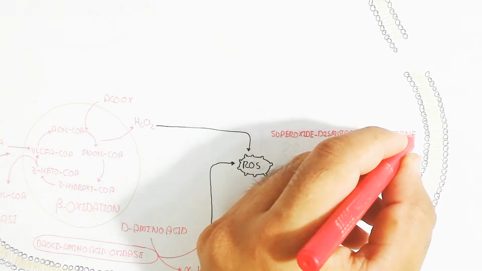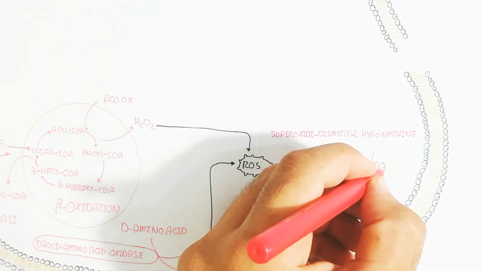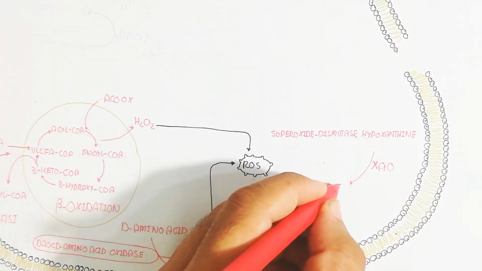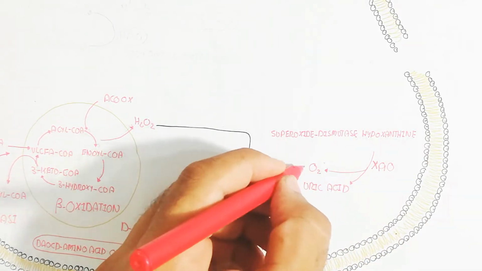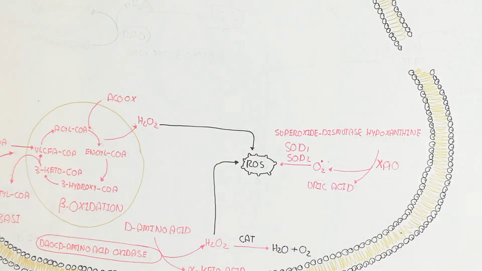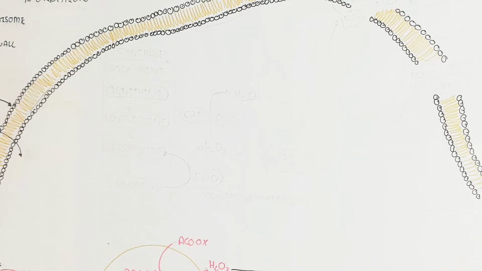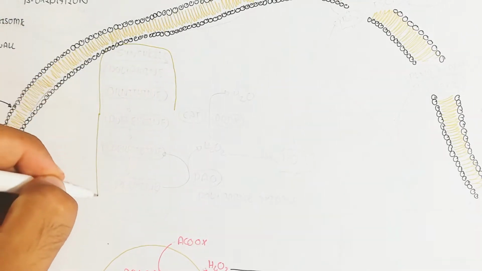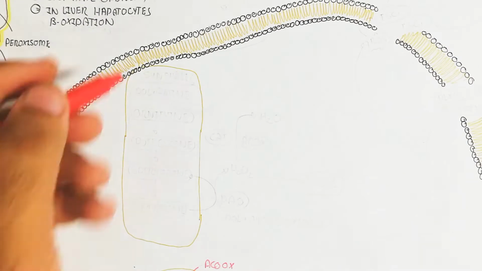Here is the superoxide dismutase. Hypoxanthine also converts into xanthine, and xanthine oxidase will convert it into uric acid and reactive oxygen species.